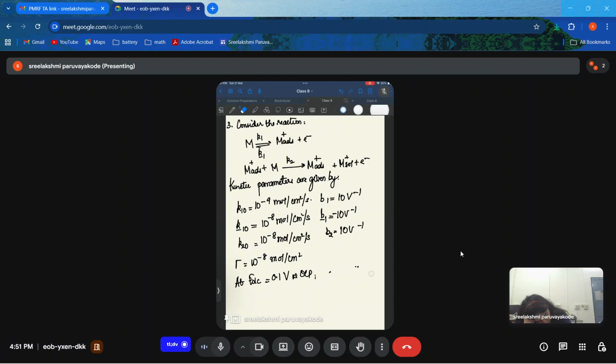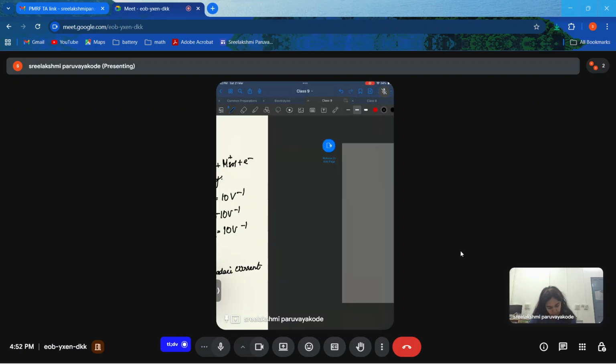So it has a subpart which is Faraday current, dash milliamp per centimeter square. So basically, you have to find out the Faraday current in this question.